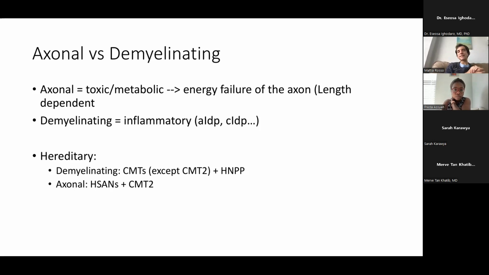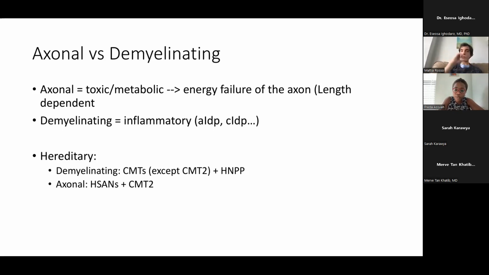And I guess the one fun fact about CMT and HNPP is that they are both due to the same gene, but a different kind of mutation. So there's a protein called PMP22, which is a very important gene for the structure of myelin.